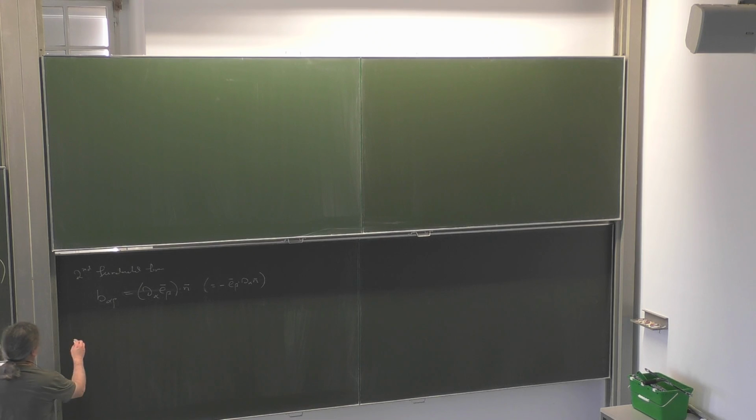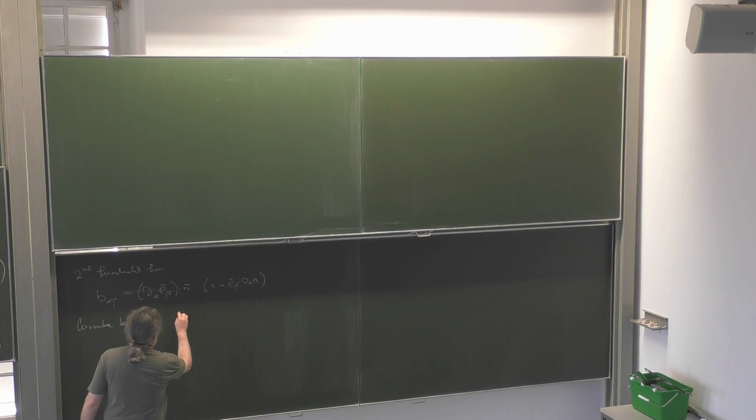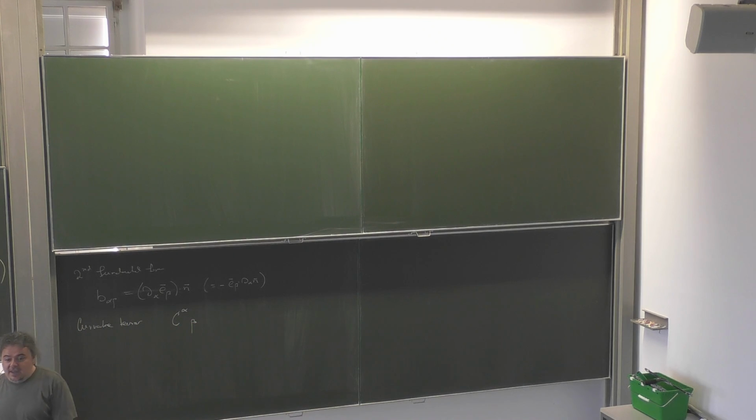So I'm going to define what is called the curvature tensor. And those of you who've done general relativity, don't scream at me. This is still not Riemann curvature. This is a kind of baby version of the curvature. So I'm going to define a curvature tensor, which is now a 1-1 tensor.